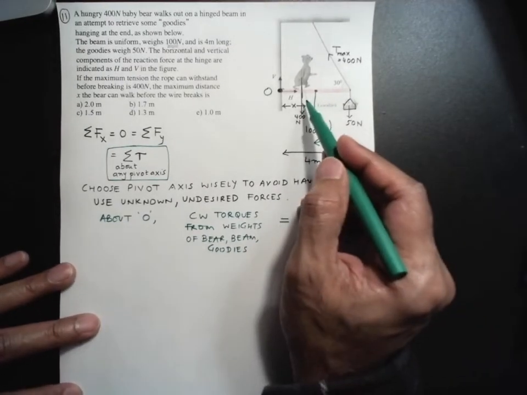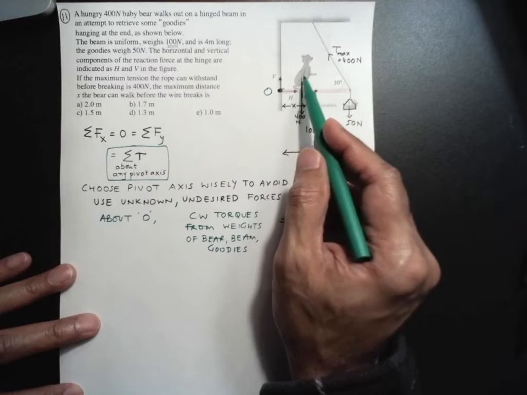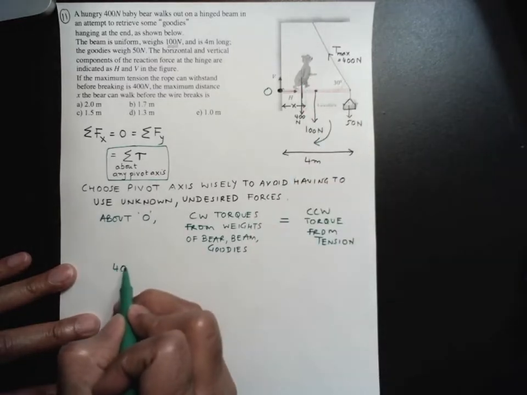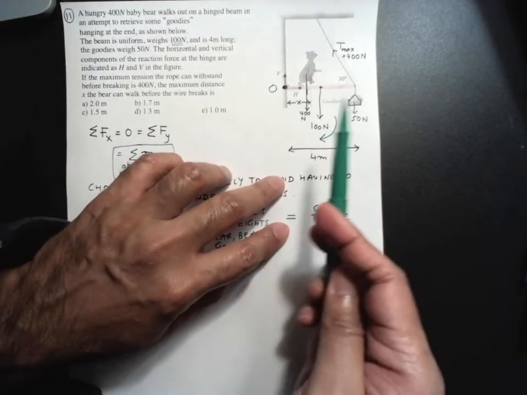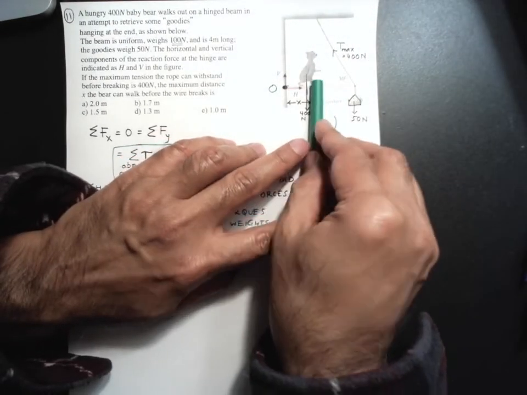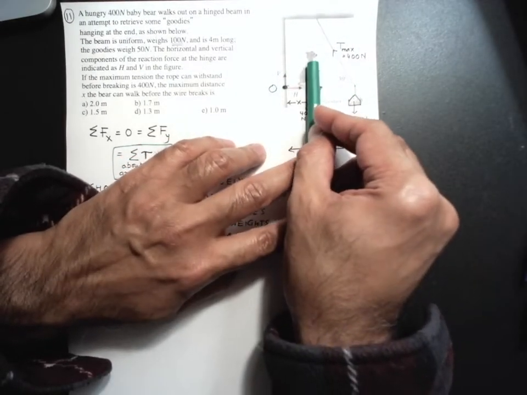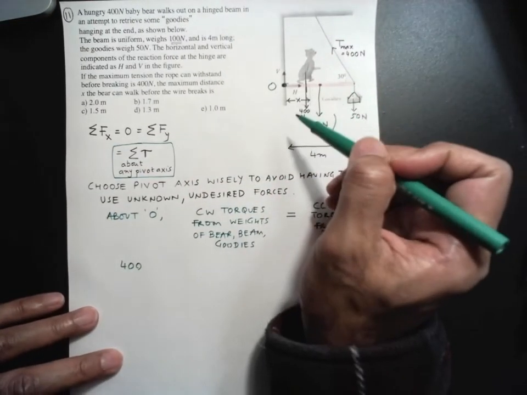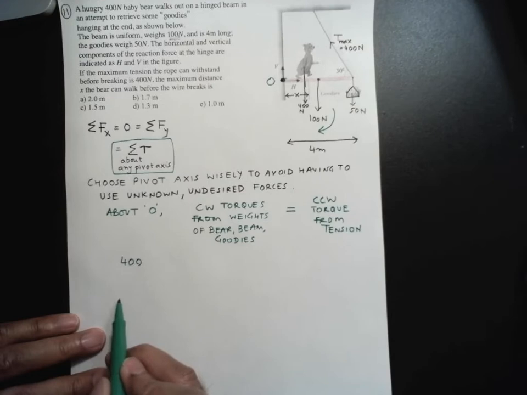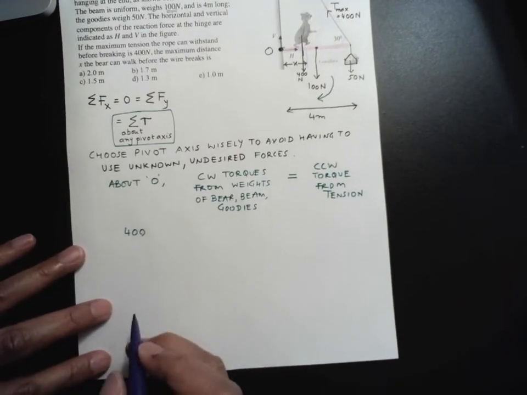The clockwise torque due to the weight of the bear, that's 400. The torque is always R cross F. So let me draw this here.